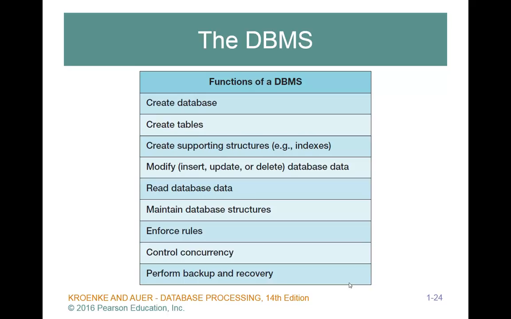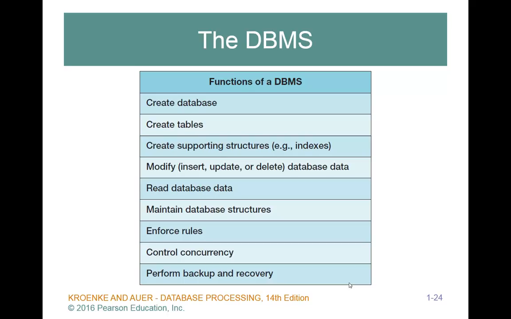Other rules may be all the way down to maybe a form that only accepts certain characters. So when an end user goes to input data in the database, we make sure that we're collecting the right kind of information.